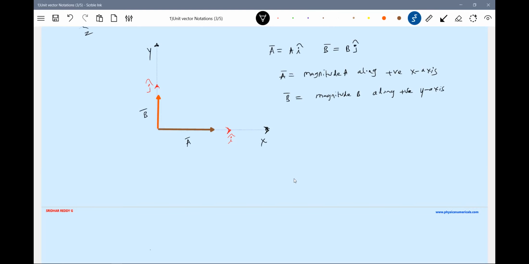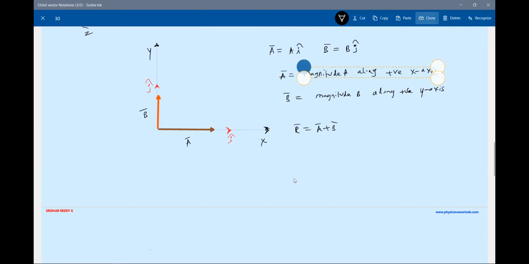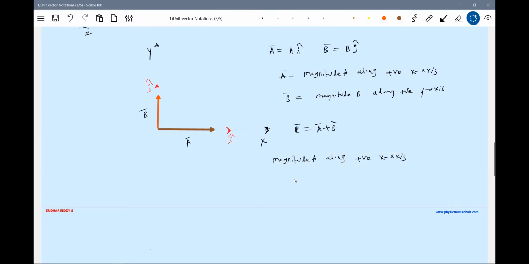You can't add x and y axis. I think nobody has seen till now, like, sir, can you add these two axes here? I want the resultant of these two. Okay, we'll do one thing. Resultant R bar equal to A bar plus B bar. So here, what will we end up with? Finally, our sum will be very funny. Our sum will be of this kind.